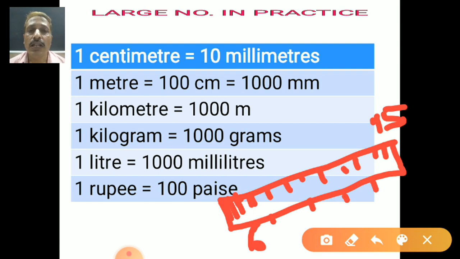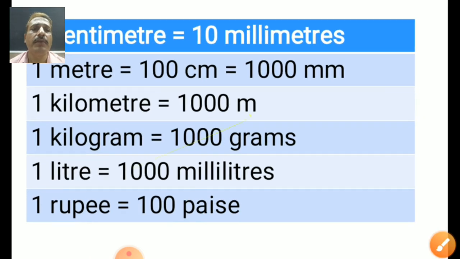It is called the millimeter. So between these two numbers, how many cuts are there? Check your scale and tell me. Yes, 10 cuts are there. So we can write 1 centimeter is equal to 10 millimeter.